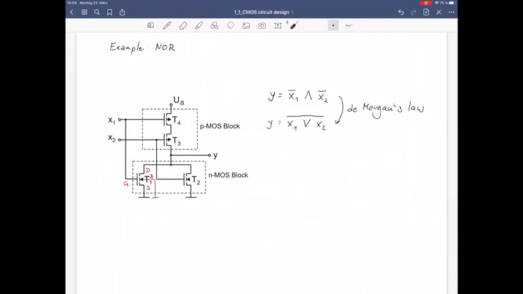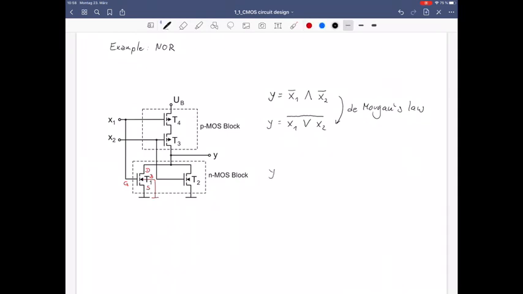Now let's do the same with the NMOS block. If we look at the NMOS block it tells us when the output Y is connected to ground. This is the case if either transistor T1 or T2 is turned on. So we can simply write down the equation.